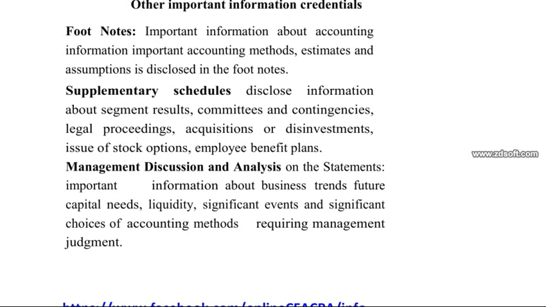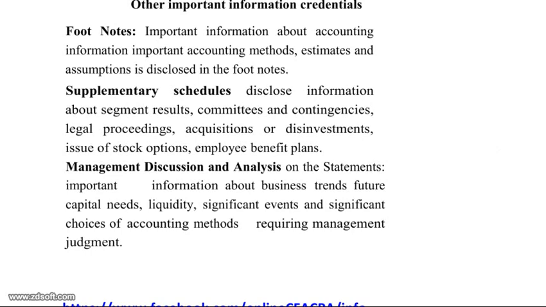If we go for the purchase of the equipment, this is the cost and capital budgeting. Everything will be explained under footnotes. So important accounting information, accounting methods, estimates and assumptions are disclosed in the footnotes. Because if we have any doubts regarding the financial statements, they will be cleared under footnotes. These are simple notes written about the financial statements.